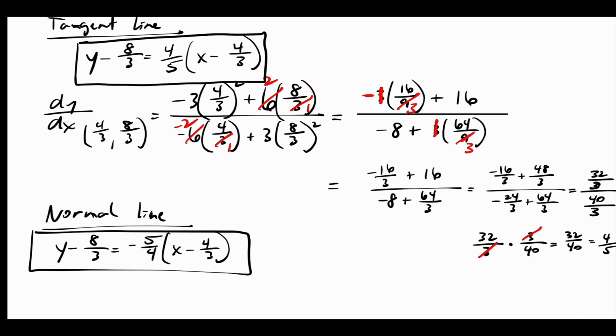So if they ask you to find the normal line or the slope of the normal line, you just do the tangent line. You do exactly what you do for tangent. But once you get the slope, you just go opposite reciprocal. Change the sign, flip it.